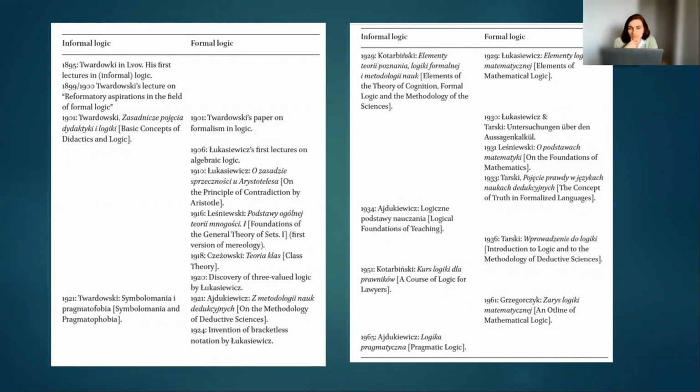Then Jan Łukasiewicz became an independent thinker after making his PhD under Twardowski, and he started in 1906 in Lwów to lecture on algebraic logic. In 1910, he published his famous work on the principle of contradiction in Aristotle, where in the appendix there is a big chapter on mathematical logic, what mathematical logic states about the principle of contradiction.